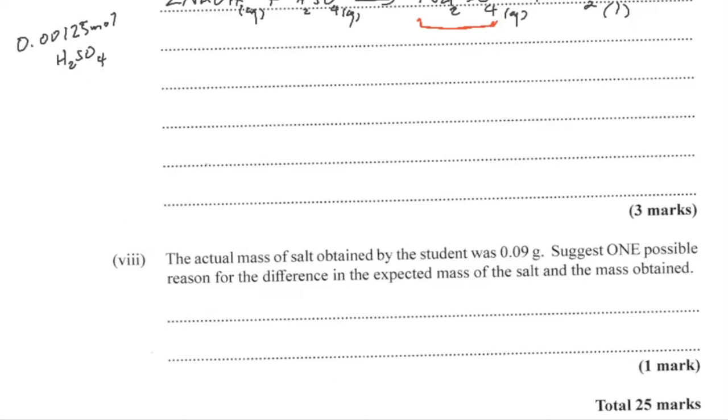So if we have 0.00125 moles of sulfuric acid, we can use the mole ratio of how the acid reacts to form the salt to actually determine the number of moles of the salt that we'll actually get.